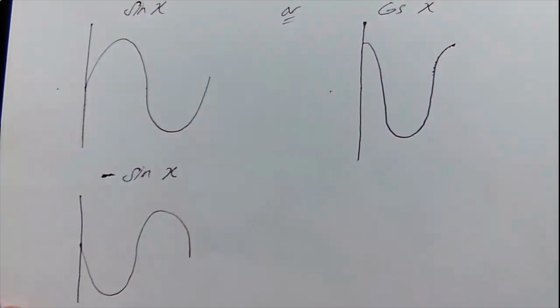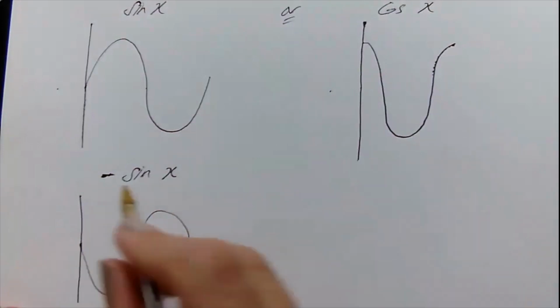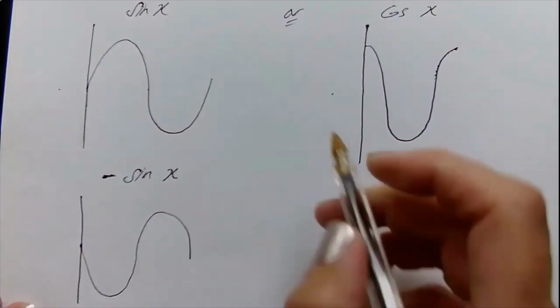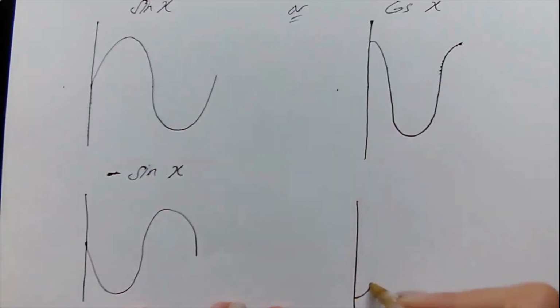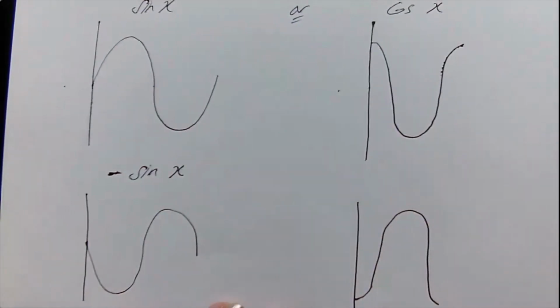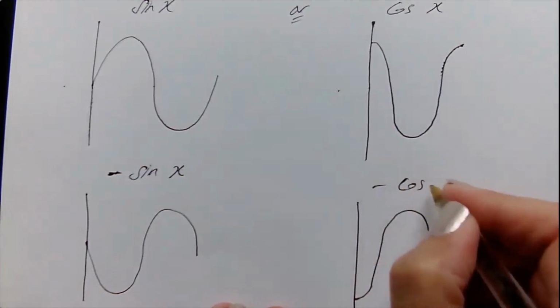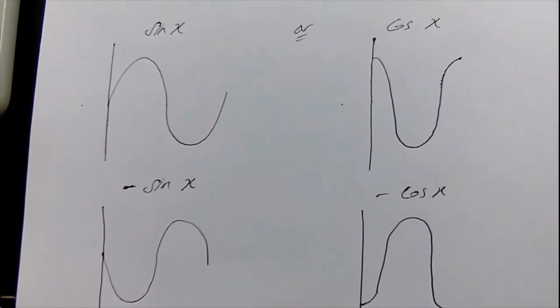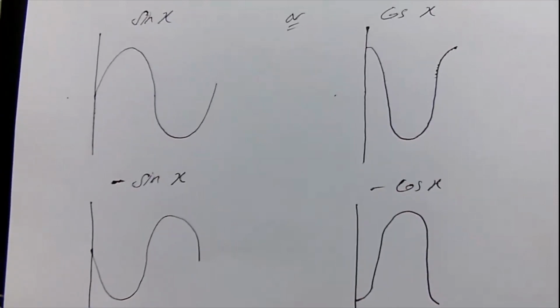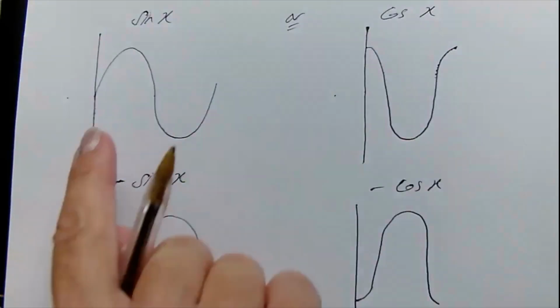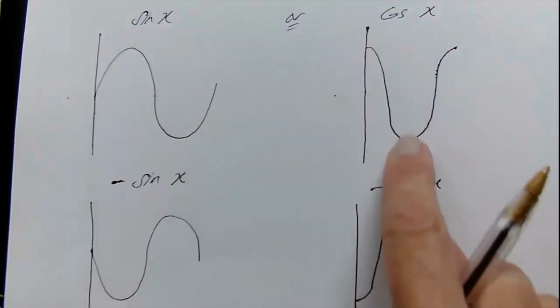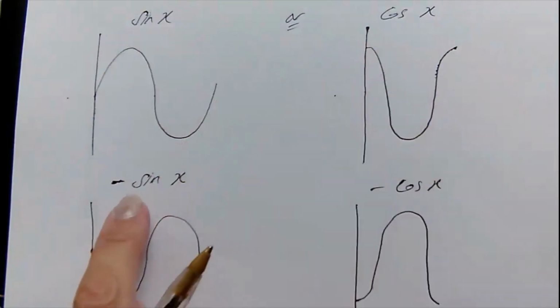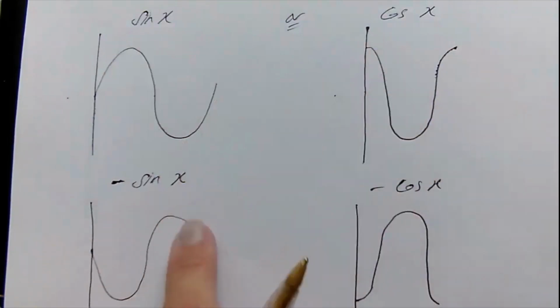That's the way the shape's going to come from the y-axis if there's a negative. And of course, instead of being a U shape, it'll flip and be an n shape coming from the y-axis if it is a minus cos function of some sort. Is that okay? So that's useful to be mindful of, okay? If we have a straightforward sine and cos, they're the shapes we're looking at starting from the y-axis. And if it's a negative, we're looking for a flipped version of this coming from the y-axis.